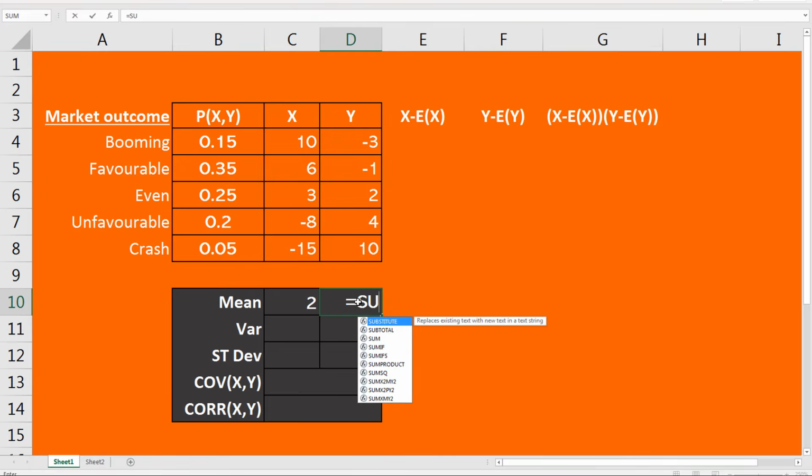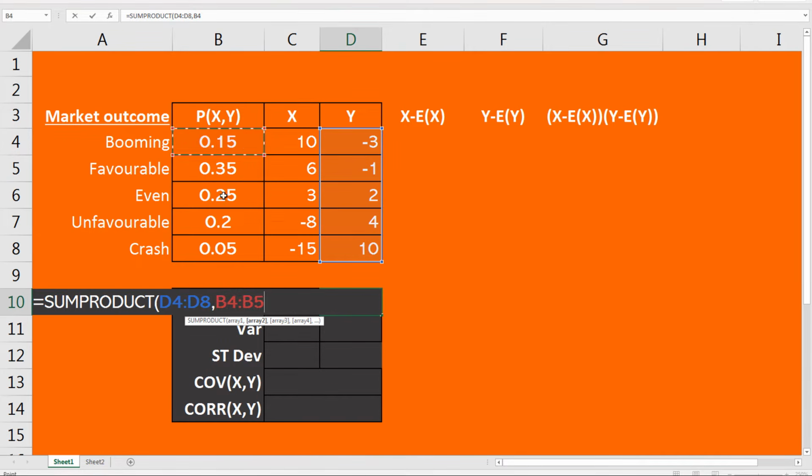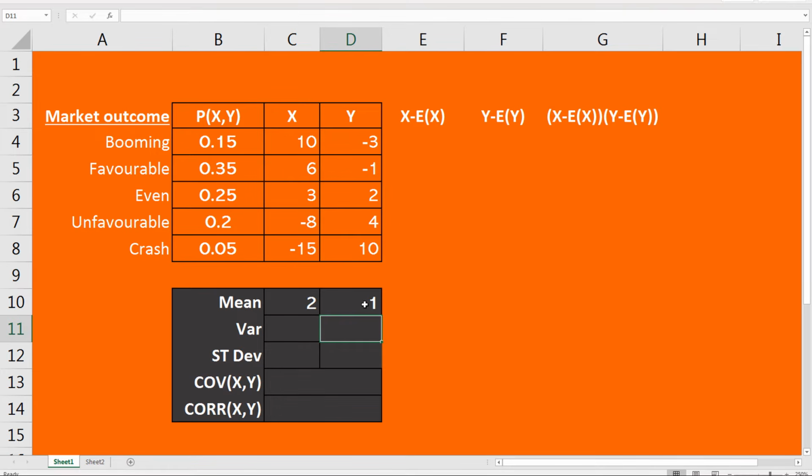We can write equals sum product. We open a bracket, we select the Y values, and then we select the probabilities. So the mean, or I should say the expected value of Y is 1, whereas the expected value of X is 2. Nice round numbers, pretty convenient, wouldn't you say?